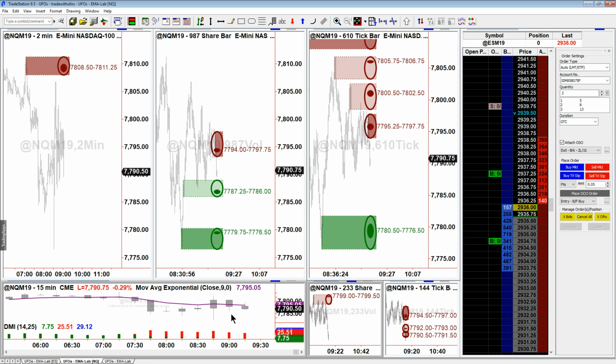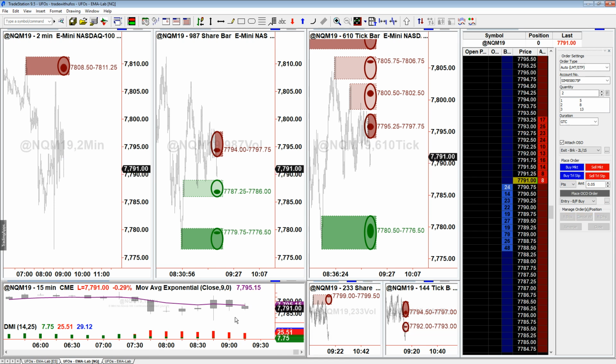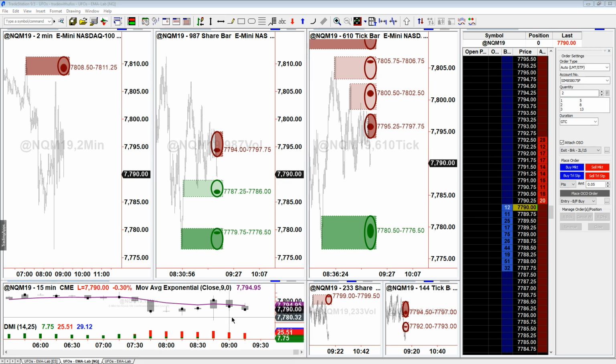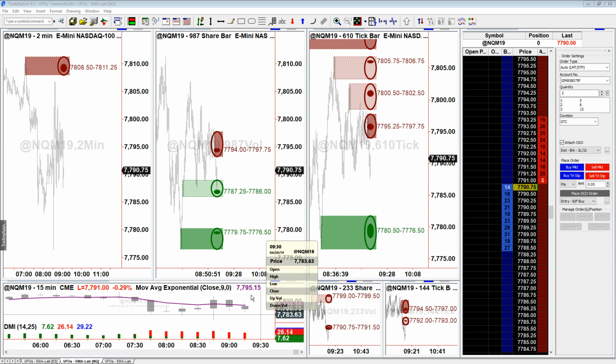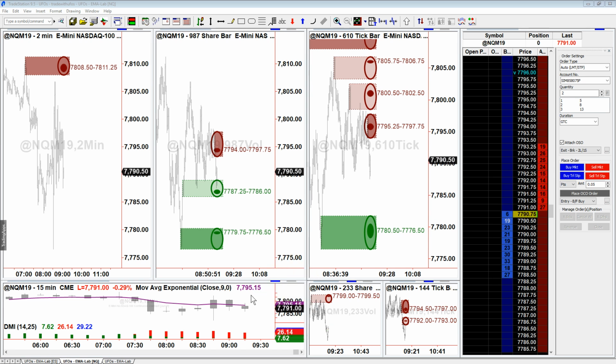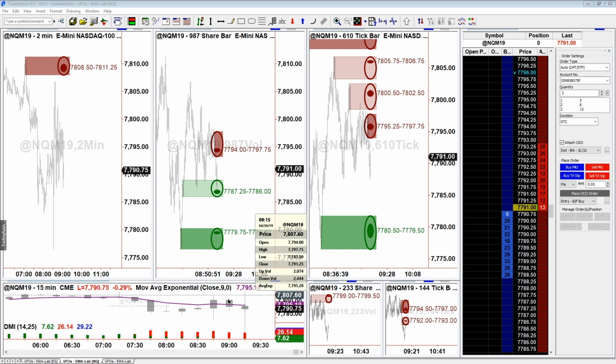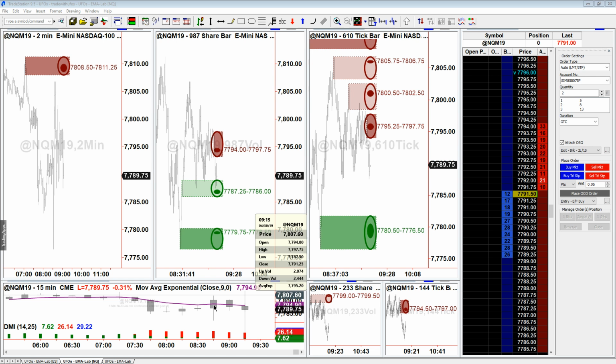Yeah, so what do we have? So the prior close, okay, TradeStation. Okay, right here. Okay, interesting. It's not moving my price box to the left.